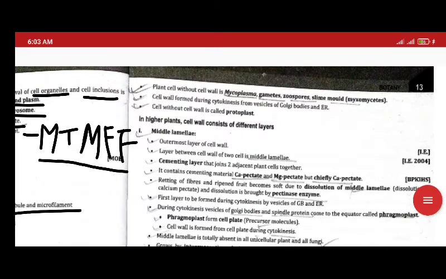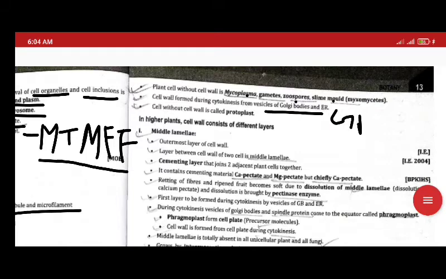Now next is plant cell. Plant cells without cell wall are what? Mycoplasma, slime mold, zoospore. Now cell wall during cytokinesis is formed by what? Golgi body vesicles and ER. So main is what? Golgi body.